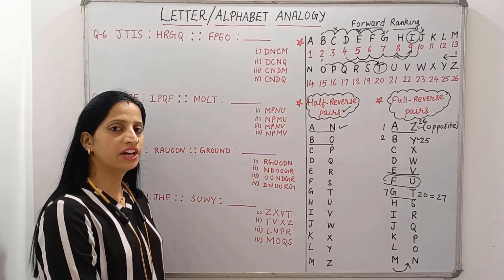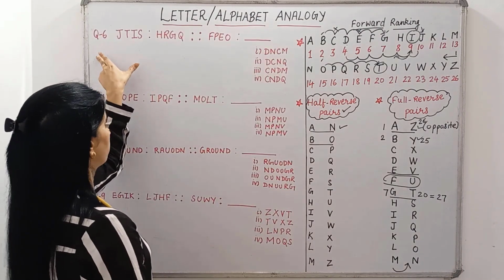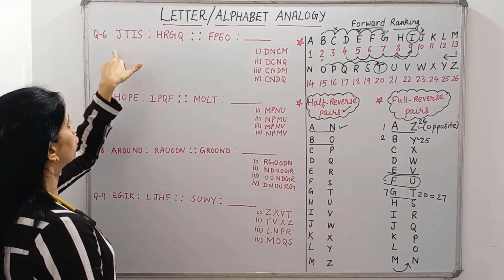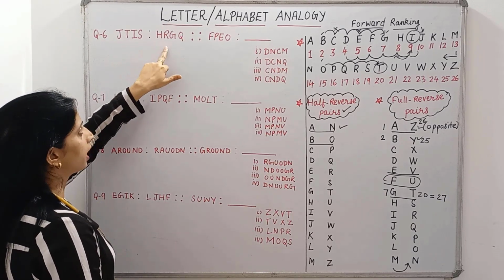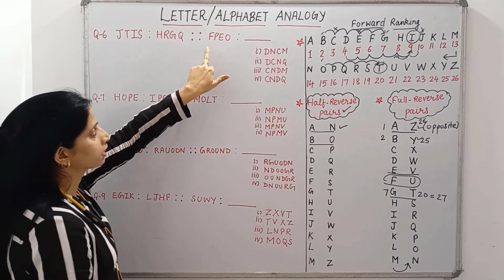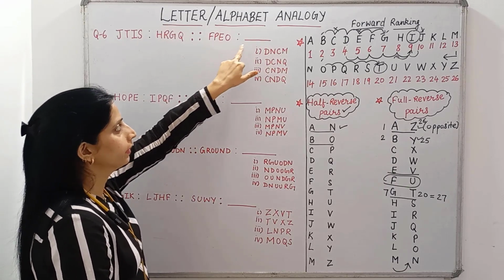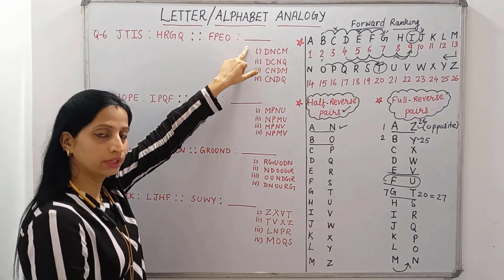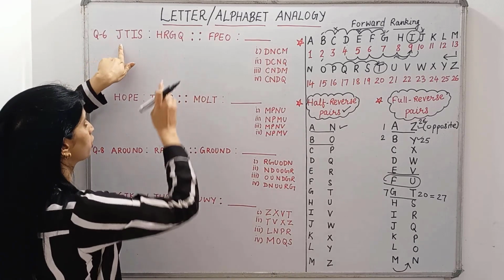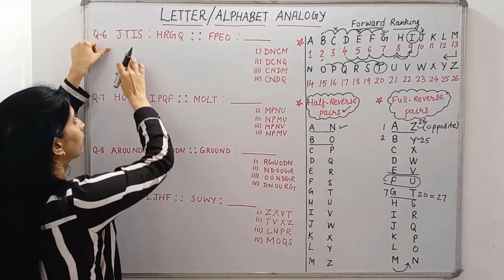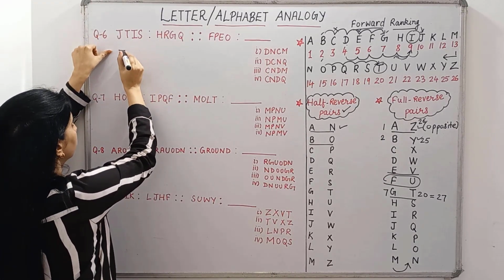Okay. Now, in our next question, the given pair is JTIS HRGQ, and in the next pair it is FPEO, and this term we have to find out. Now, to find the relation between these two terms, we will write these terms vertically.